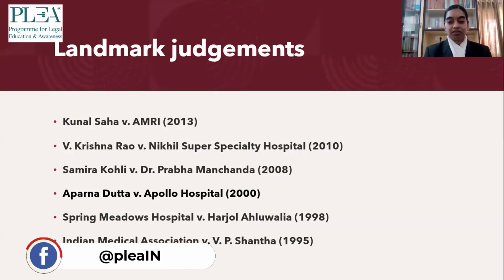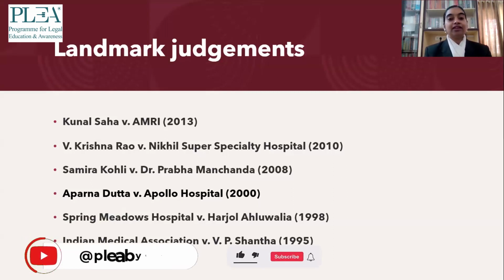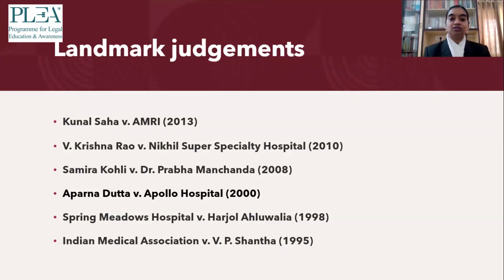For example, what I mean here is, when you talk about confidentiality between doctor and patient, and there you mention that in an exception, the doctor can tell the facts or the details about the case in such and such case, then you can write the case over there. Anything that relates to medical negligence, you can cite one or two judgments from here. So this is like a bucket list of your landmark judgments which relate to medical negligence.